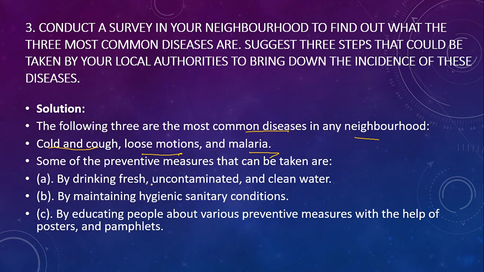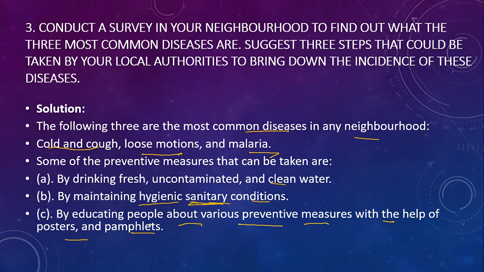Now, by drinking fresh, uncontaminated and clean water, by maintaining hygienic sanitary conditions, right? And by educating people about various preventive measures with the help of posters and pamphlets. Okay, this thing you can also add, along with what I just told you. Every good thing will be a preventive measure, right? If you are educating people, they will understand the value of a green society.